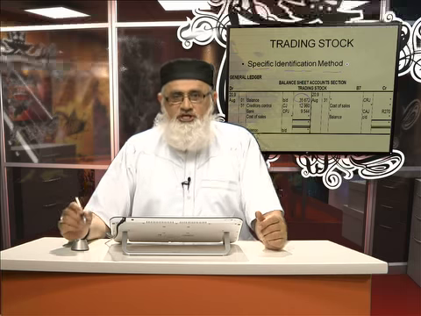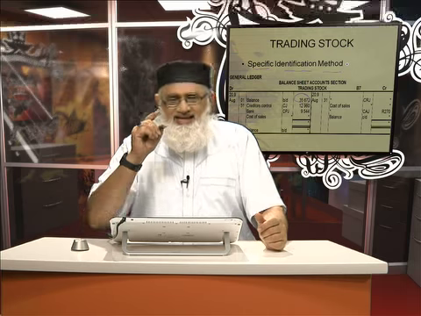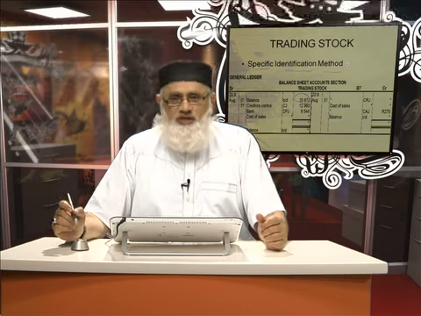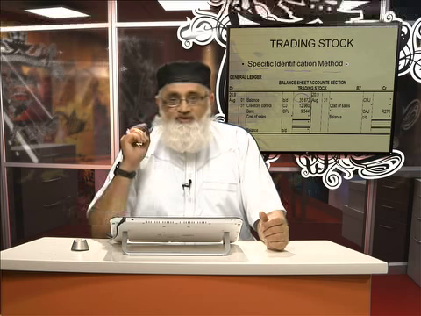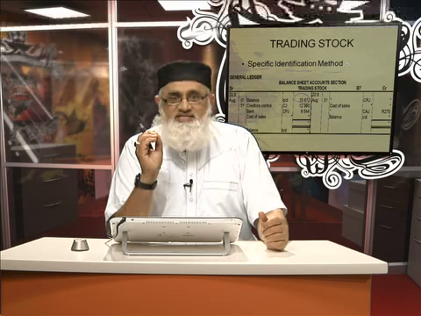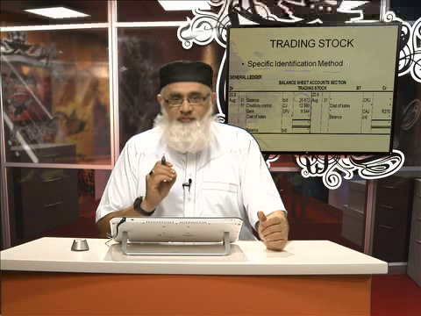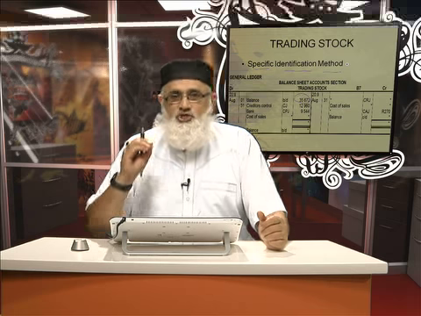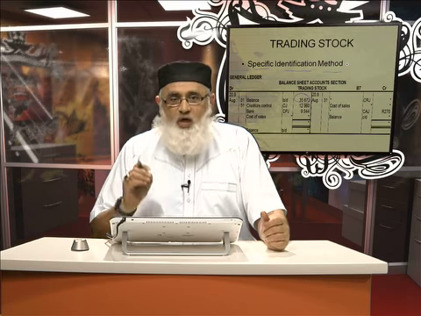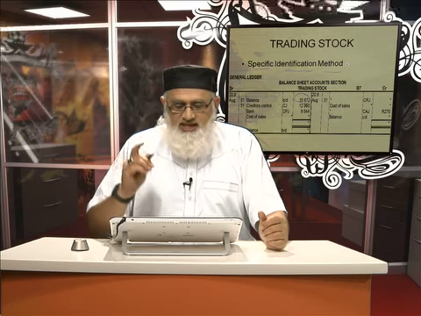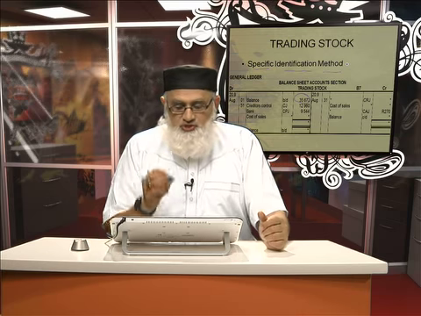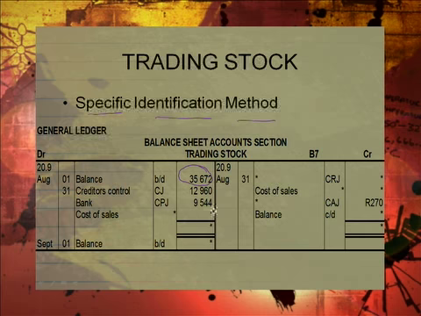But before we continue, let us look at the trading stock account and see if we can refresh our memories to identify certain bits of information that are critical to our understanding of the ledger account. Starting with this that you see on the debit side, you see a figure is missing and a contra. That means your folio reference needs to be indicated.